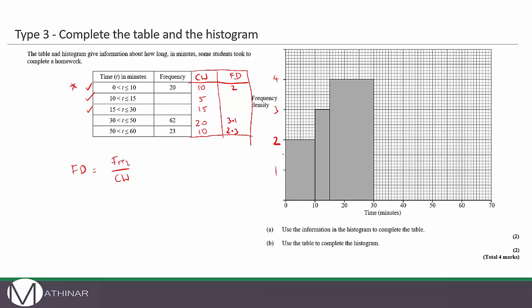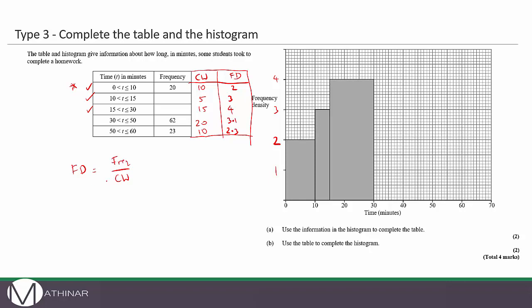So now that we know the scale of the y-axis, we can now fill in the frequency densities for the bars that are given. So this bar, which stretches from 10 to 15 over here, has a frequency density of this value here, which is 3. So I can fill that in. And the bar that goes from 15 to 30 has a frequency density of 4.